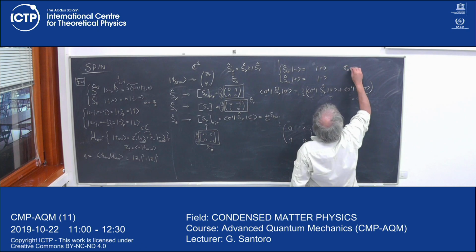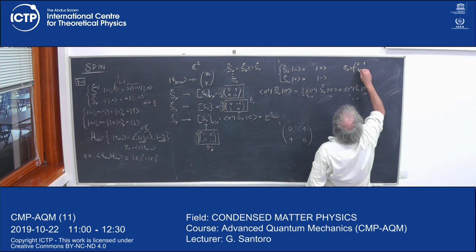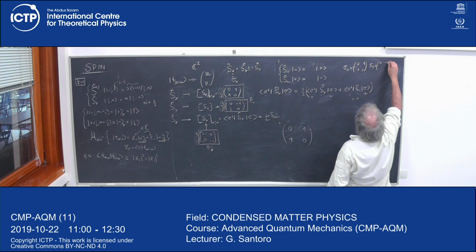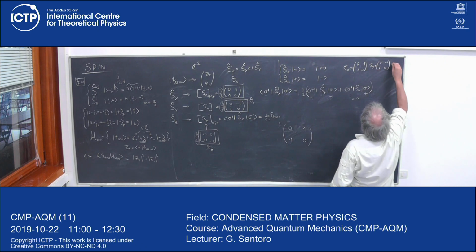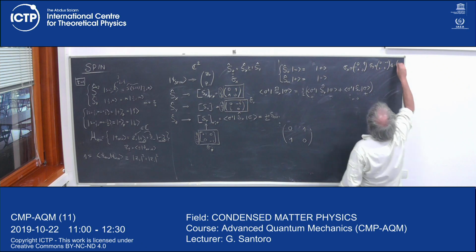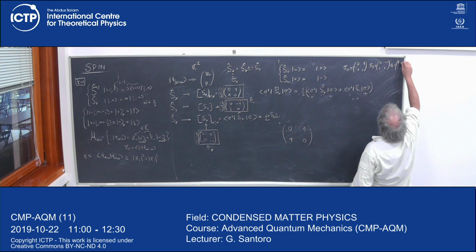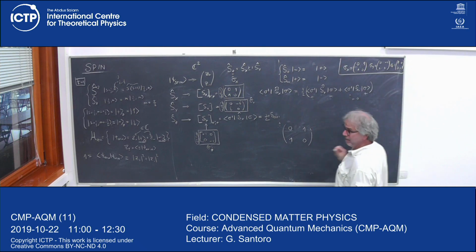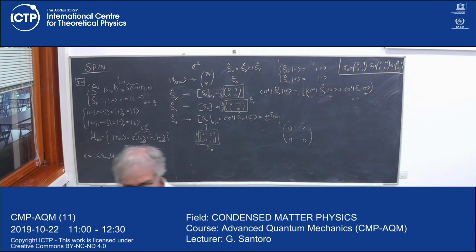Sigma x being 0 1, 1 0, sigma y being 0 minus i, i 0, and sigma z being 1 0, 0 minus 1. These three should be memorized. I do not insist on memorizing things, but the three Pauli matrices, please try to memorize them. Okay, good.